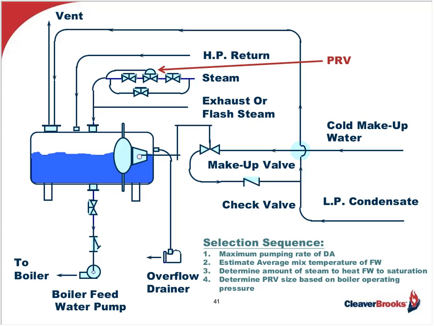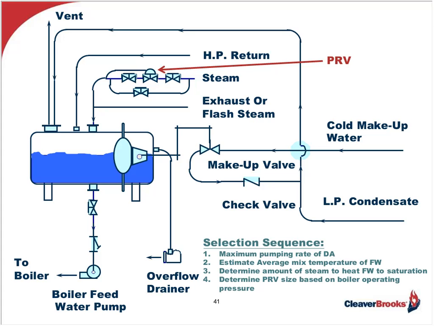Next, we are going to have to select the pressure reducing valve, or the PRV. This starts by determining the maximum pumping rate out of the DA at full load. In other words, the total flow, which comes from pounds per hour of the heating steam, the condensate that may be returning, and the makeup water.